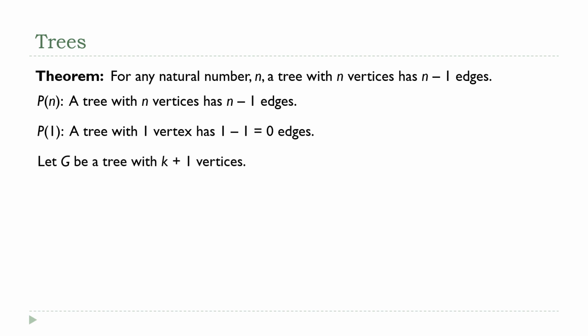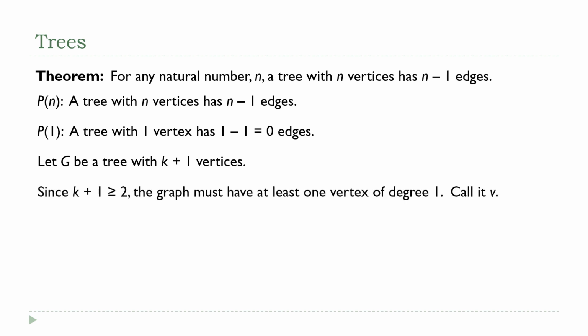So let G be a tree with k plus 1 vertices. I need to show that this tree has k plus 1 minus 1, or just k, edges in it. Here's how I'm going to do that. Since k plus 1 is greater than or equal to 2, the graph must have at least 1 vertex of degree 1.